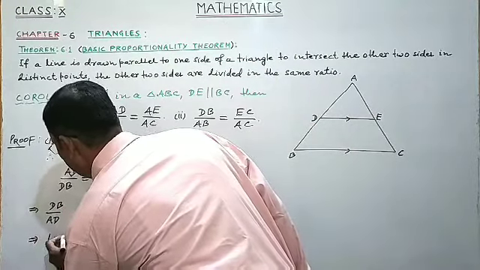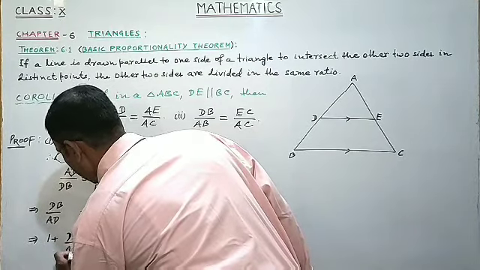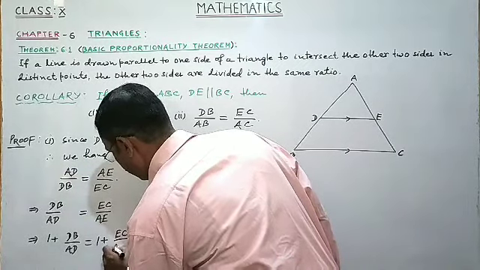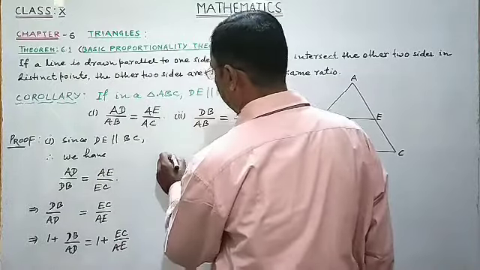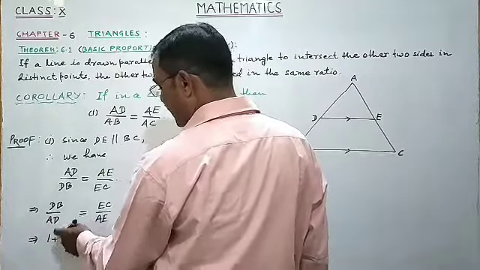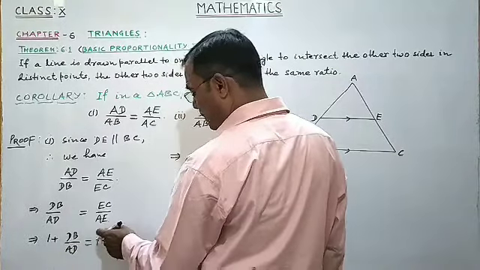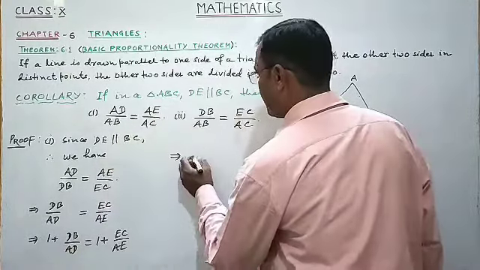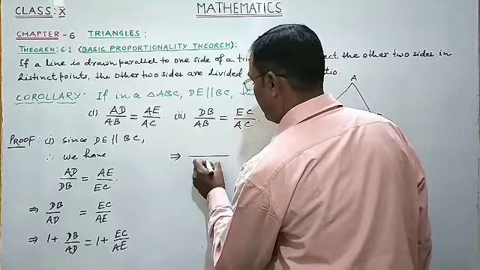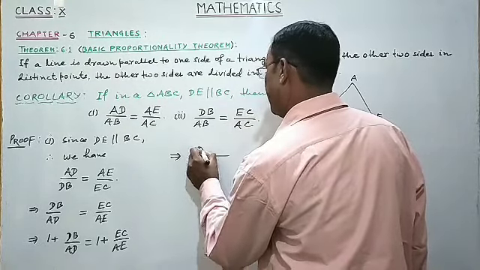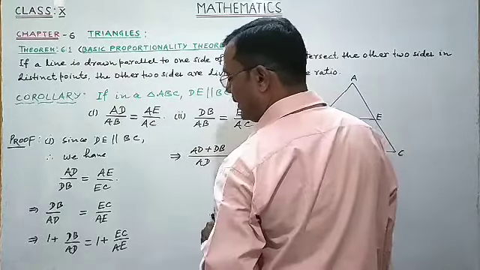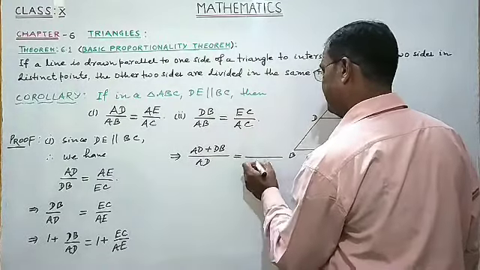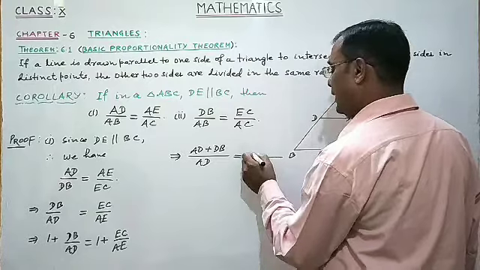So 1 plus DB by AD equal to 1 plus EC by AE. 1 plus DB by AD is AD plus DB by AD, and 1 plus EC by AE is AE plus EC by AE.